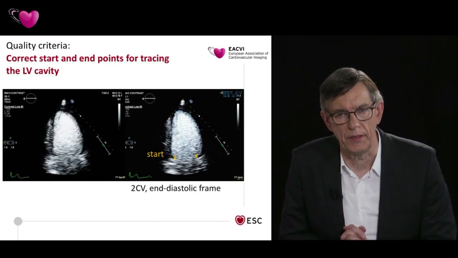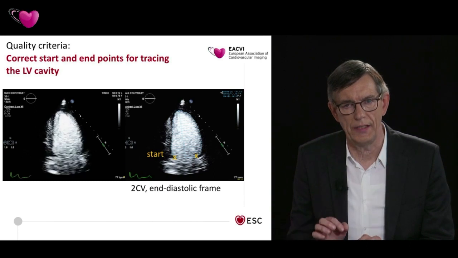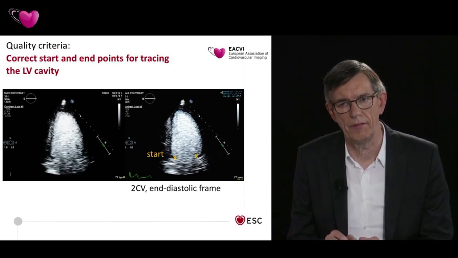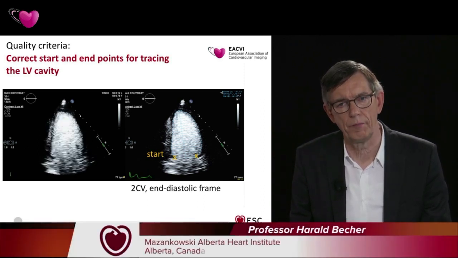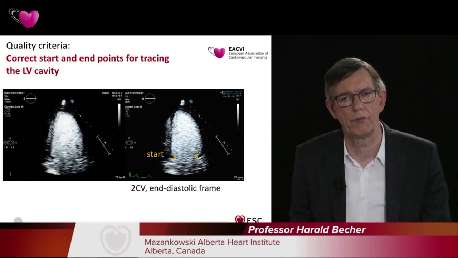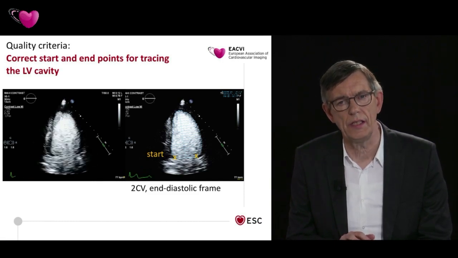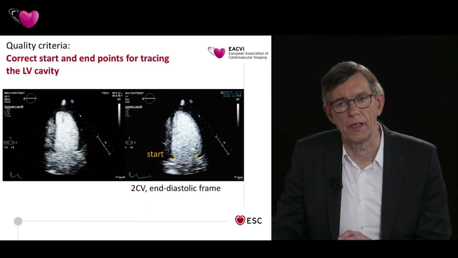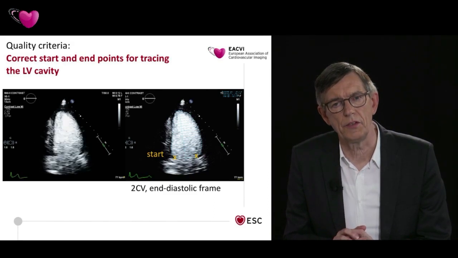The next step, and that has already been mentioned, is we need to identify the correct start and end points of tracing the LV cavity. And for that purpose, it's helpful also to look at the moving image. I said we are doing most of our analysis on the still frames, but here we can easily see where is the start and the end point. And I highlighted it with a yellow cross here. So in the two-chamber view, this is usually not a problem.